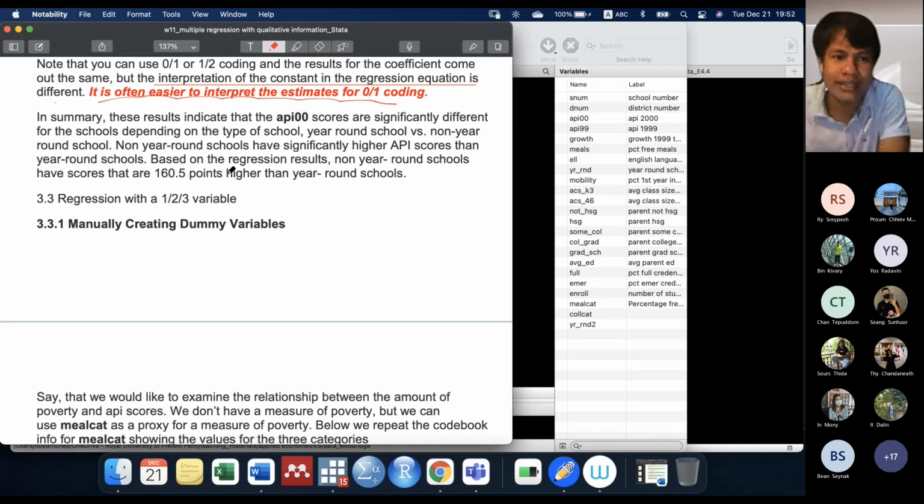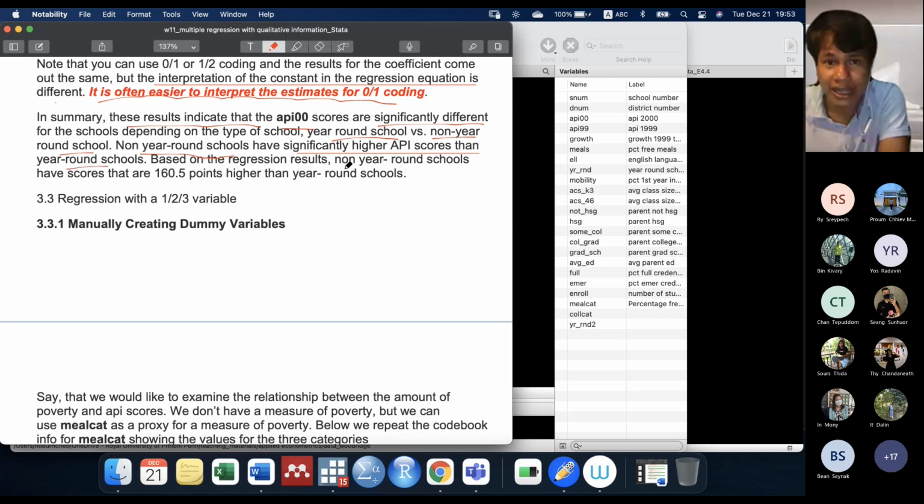But in conclusion, in summary, this result indicates that academic performance scores are significantly different for schools depending on the type of school: year-round school versus non-year-round school. Non-year-round schools have significantly higher academic performance scores than year-round schools.